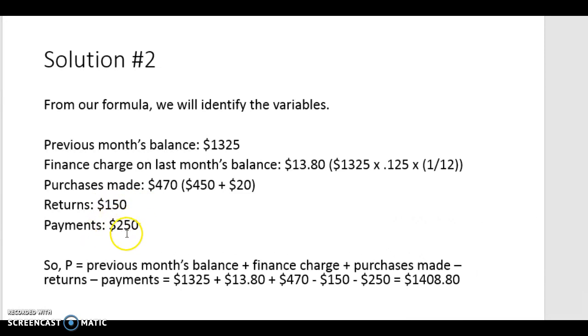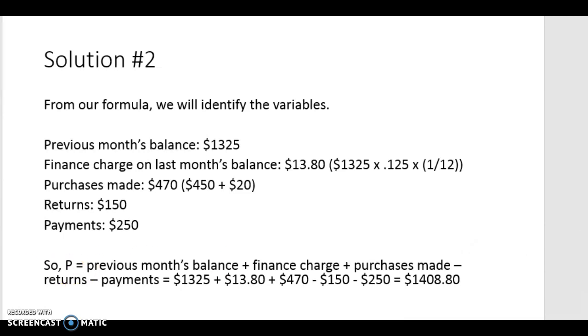So now we're going to plug, and so remember, P is equal to the previous month's balance plus the finance charge plus the purchases made minus any returns minus any payments. So now we're going to plug all those amounts in where they go, and we get a total of $1,408.80.